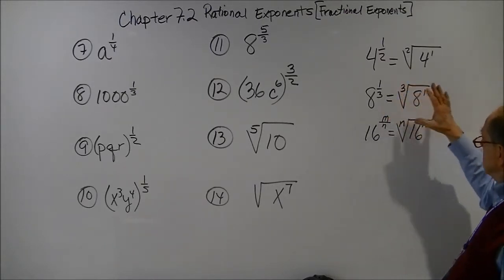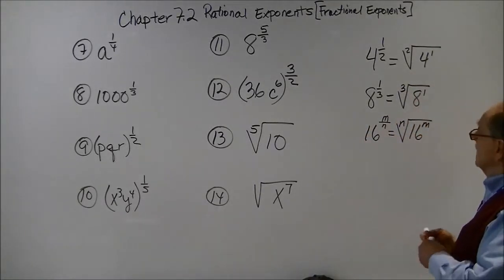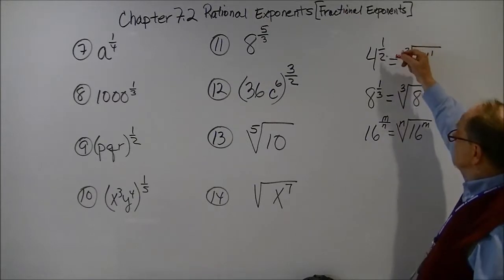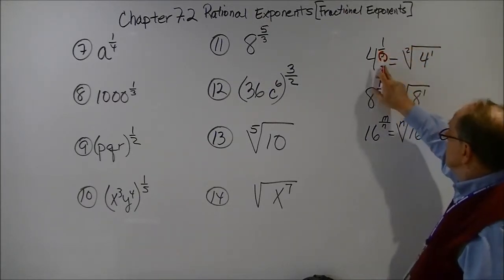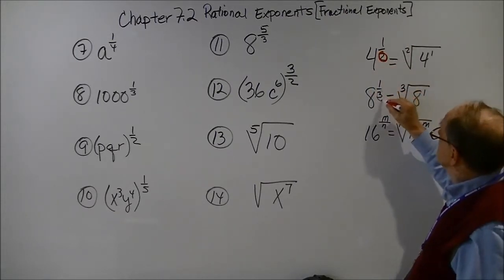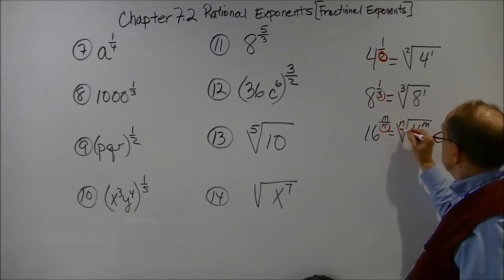And you might say, well, what's going on here? Well, let me just show you something. Whenever you have a fractional exponent, what is in the denominator is your index number.